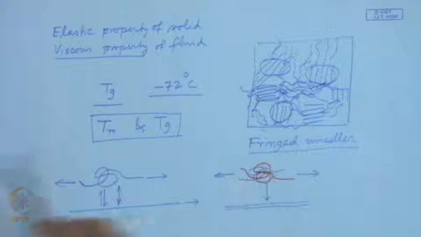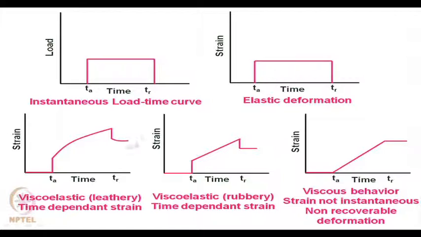That leads to permanent deformation, and here is the phenomenon, here is the flow curve, this strain time profile, it leaves behind this permanent deformation. It cannot come back to the original, to the zero strain situation. This kind of material is known as leathery material, and which is viscoelastic.